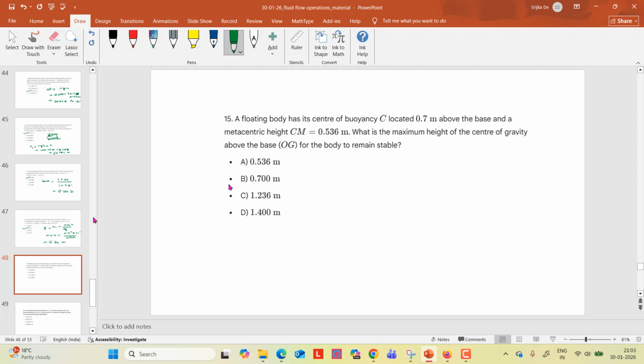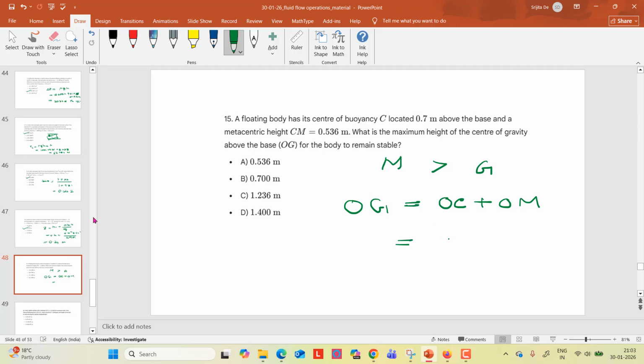So for the body to remain stable, we know that M has to be in a higher position than G. So OG equals OC plus CM.